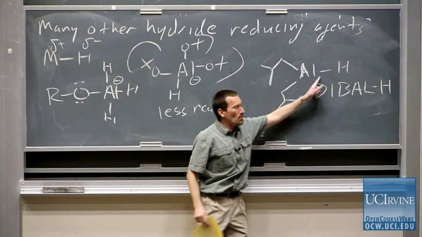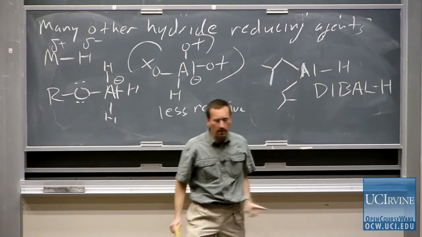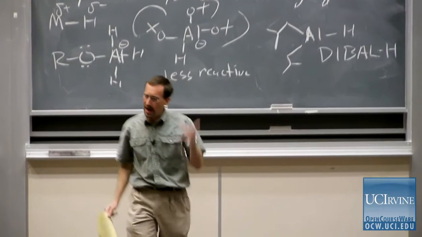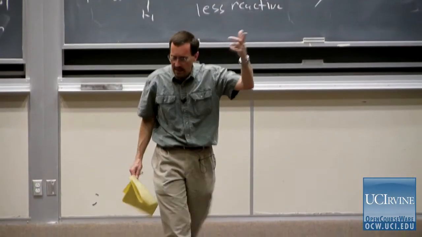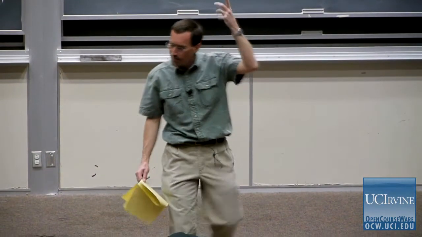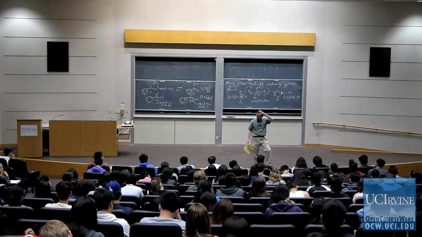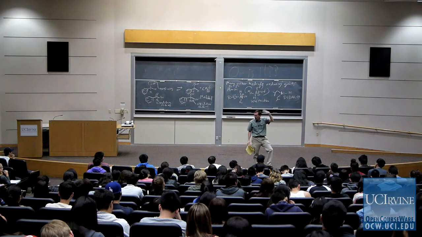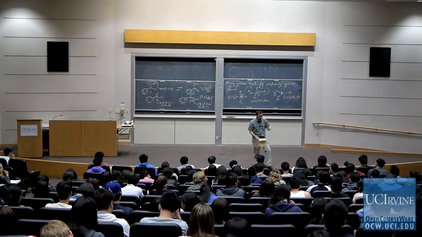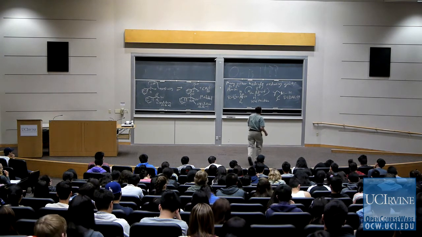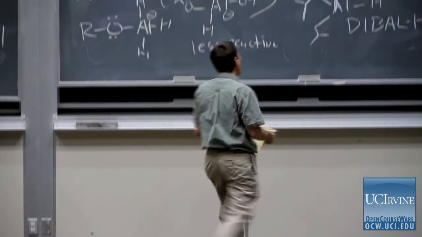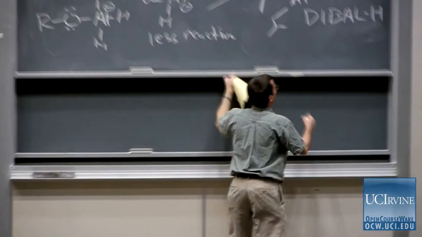And again, you have a polarized metal bond. Now, typically what happens in a DIBAL reaction is the aluminum, which doesn't have a complete octet, first coordinates onto an oxygen or onto a nitrogen to get a complete octet and a formal negative charge on aluminum, and then transfers hydride.